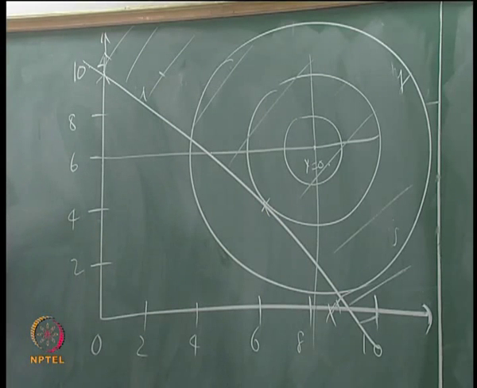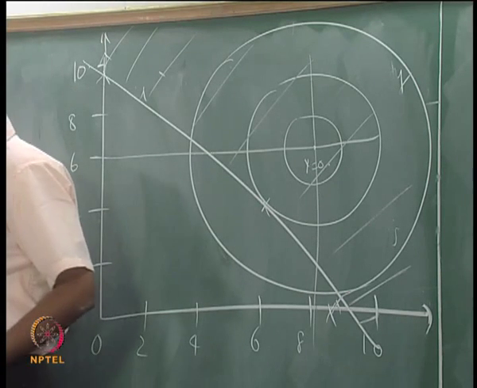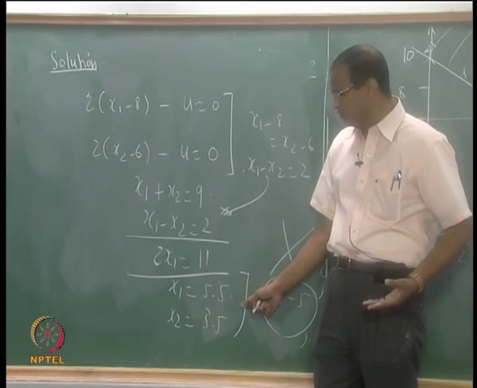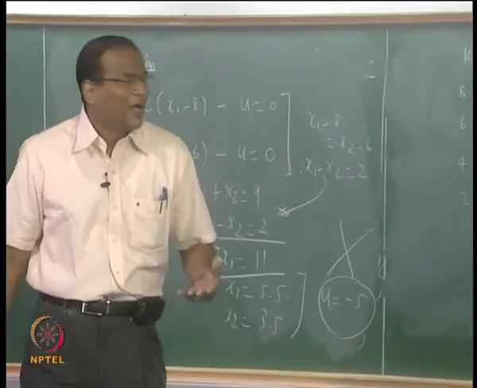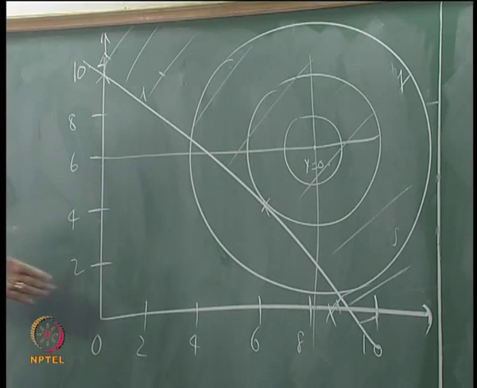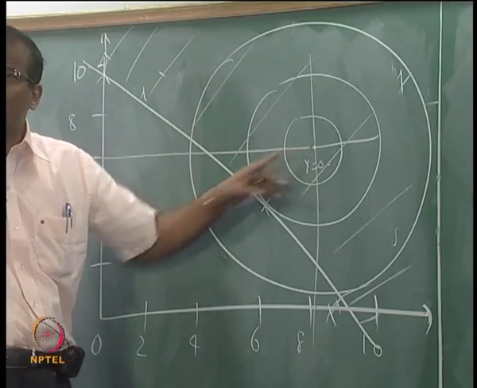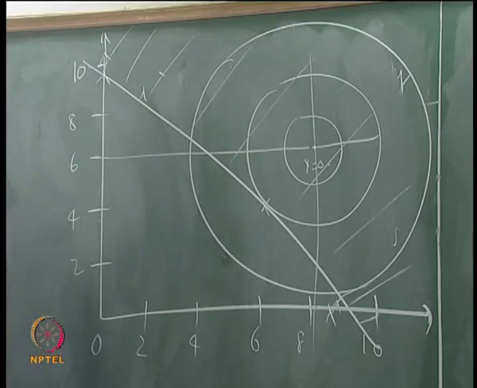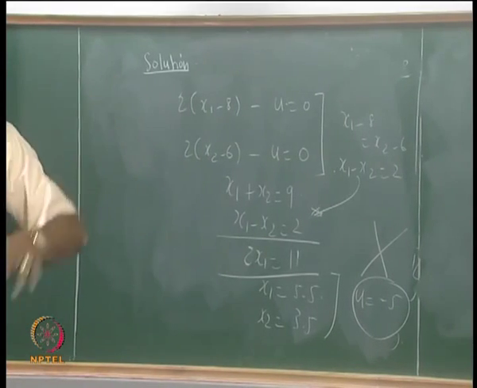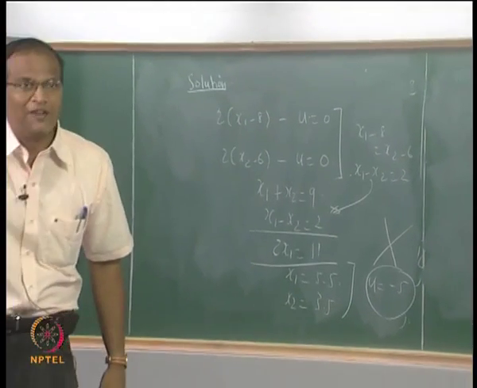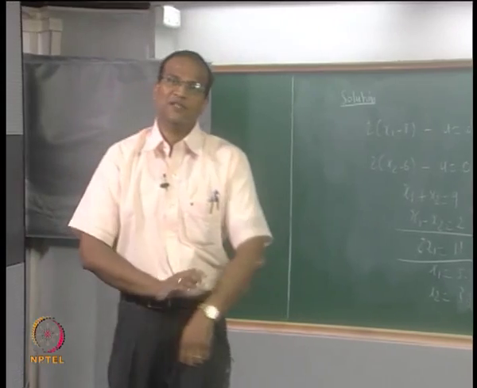How much is the value of y for this? 6.25 plus 6.25 is 12.5. I have a solution for which y equals 0, which does not violate x1 plus x2 greater than 9. So it is absolutely wrong. The KTC has helped me identify that by putting x1 plus x2 equal to 9 as an active constraint, I made a major mistake.